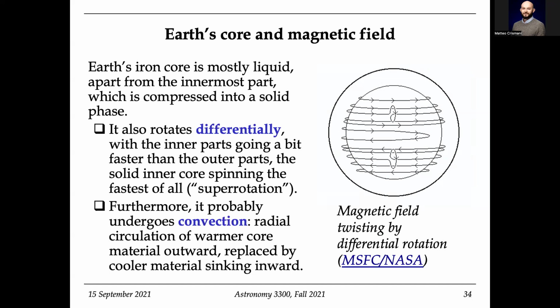Okay. So people who do this, like Gary Glatzmaier at UC Santa Cruz, build geomagnetic models of the interior and was able to show how you make a dynamo. He was the first person to do it. It's really fun, really interesting stuff.